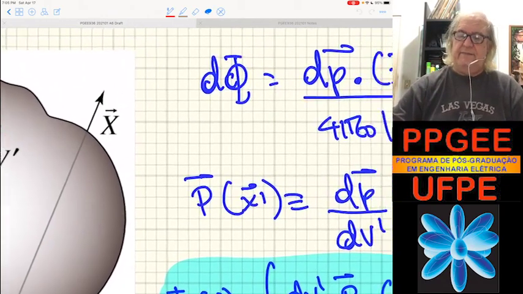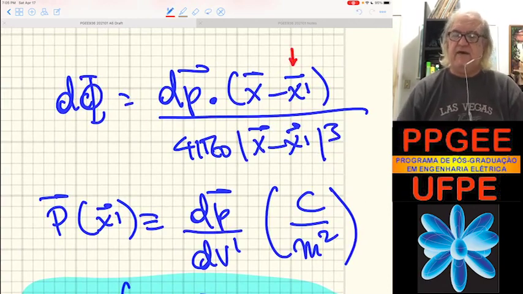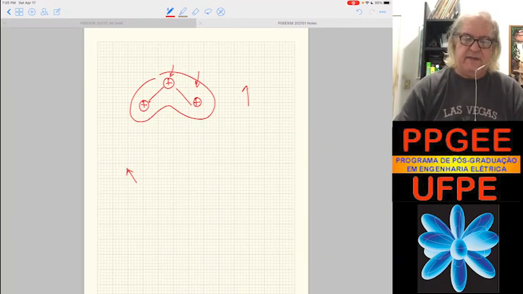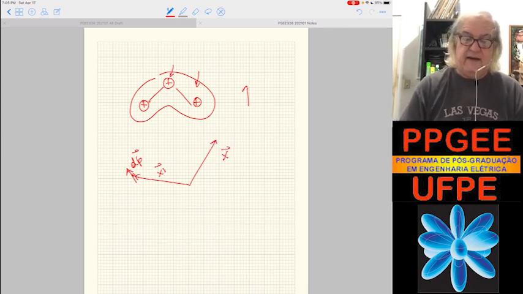Now if you have a dipole dP located at x prime, and the effect is at x, all I have to do is shift my origin to x prime.